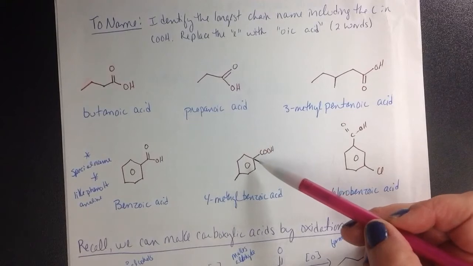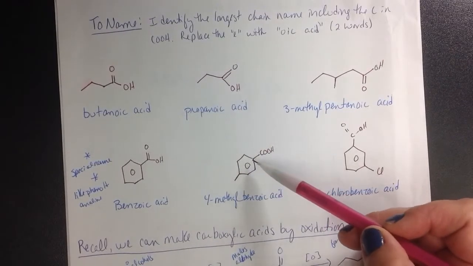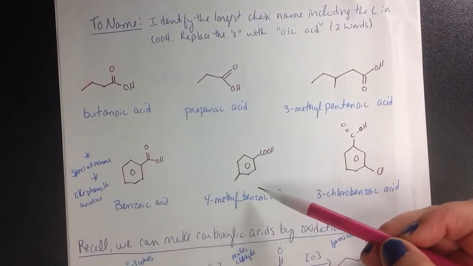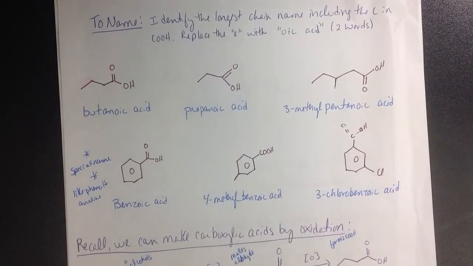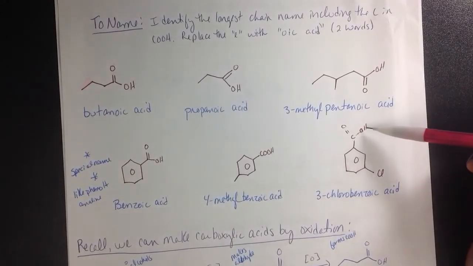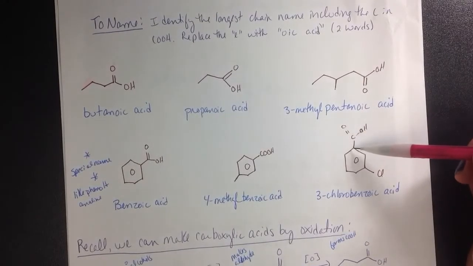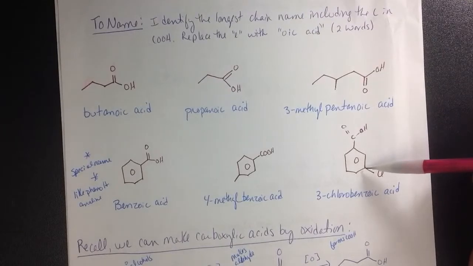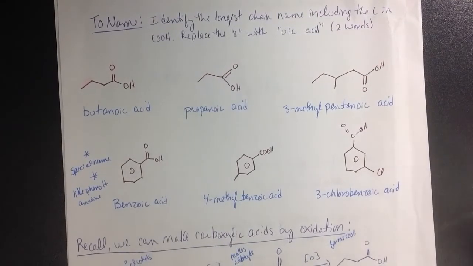So if this is the case, 1, 2, 3, 4, or 1, 2, 3, 4, that is 4-methylbenzoic acid, or para-methylbenzoic acid. That's another way to say that. And again, it doesn't matter where that COOH is, that's number 1, 2, there's number 3, so that's 3-chlorobenzoic acid.